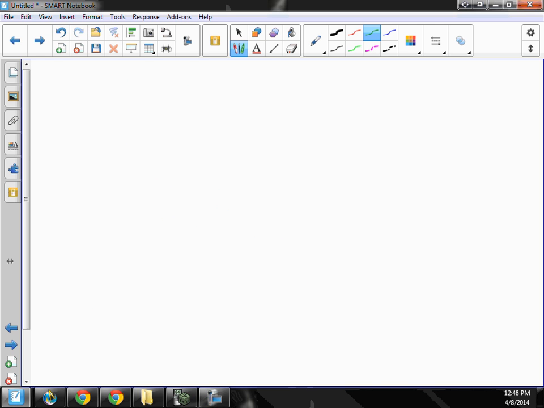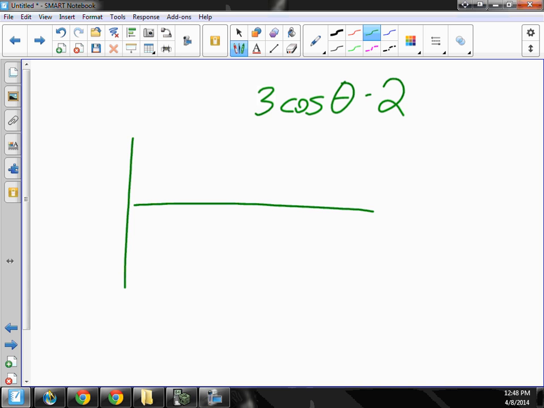So if I had something like 3 cosine of theta minus 2, what's that going to look like? 3 times taller, and the center line is down 2. So if I draw my graph, 1, 2, here's the center. Where does the cosine start? At 1, unless it's 3 cosine, then it starts at 3, but if my center line is at -2, it's going to start at 1.